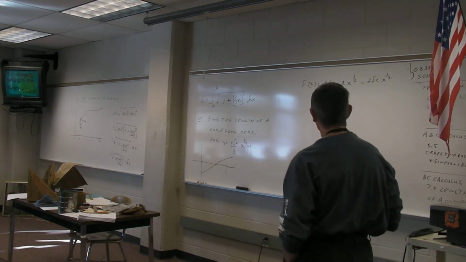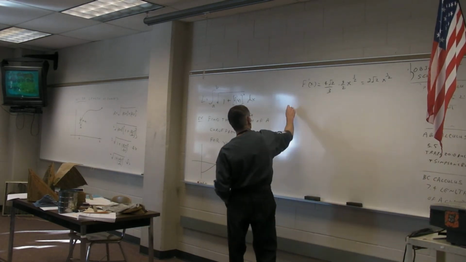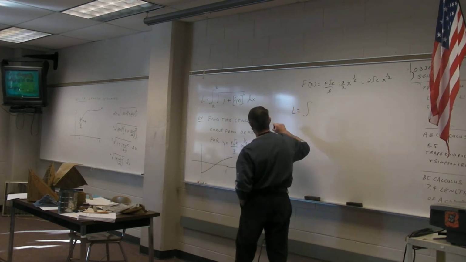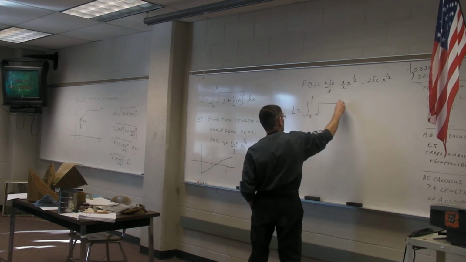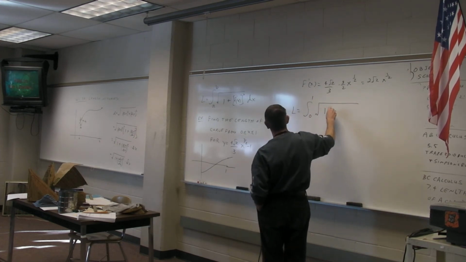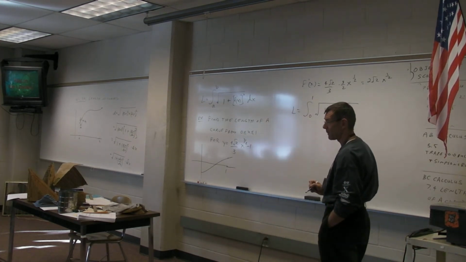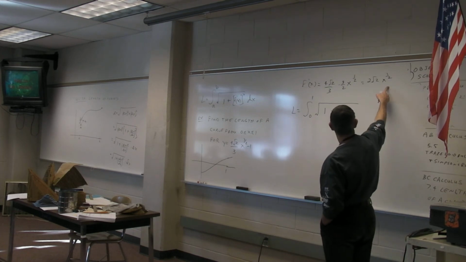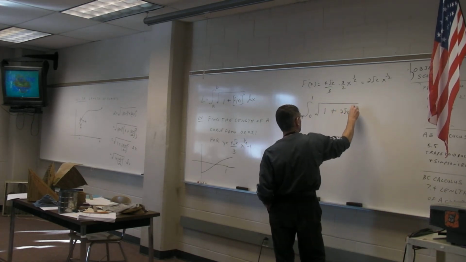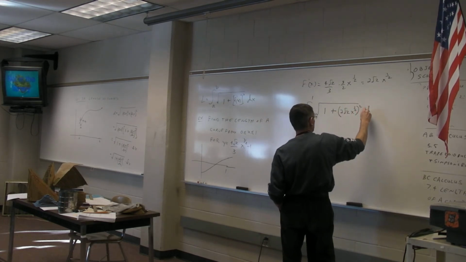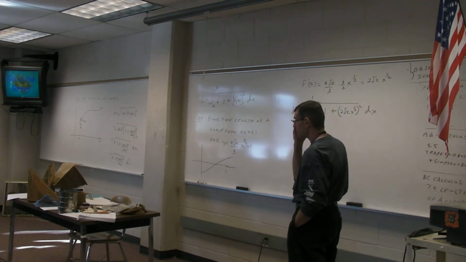And so now, what's the length? The length is the integral from 0 to 1 of the square root of 1 plus the derivative squared. This thing squared, so we're looking at 2 root 2 x to the 1/2 squared. How do we know it's root 1?